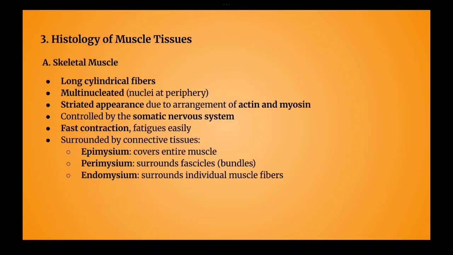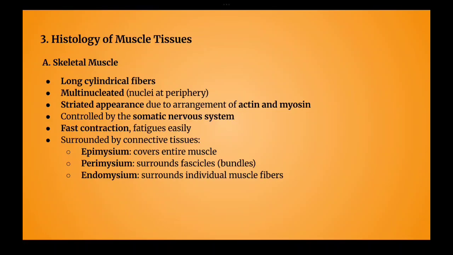Now we'll see the histology of every type of muscle tissue. We'll see the three types of muscle tissues separately. The first, skeletal muscles, are long cylindrical fibers. They are multinucleated. They are striated in appearance because of the arrangement of actin and myosin, and they are controlled by the somatic nervous system.